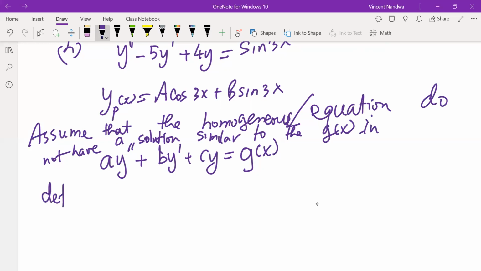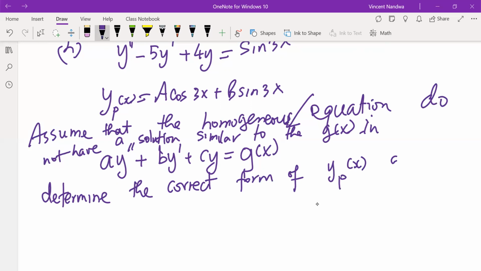Determine the correct form of yp of x, given that g of x is given by, say, 10.